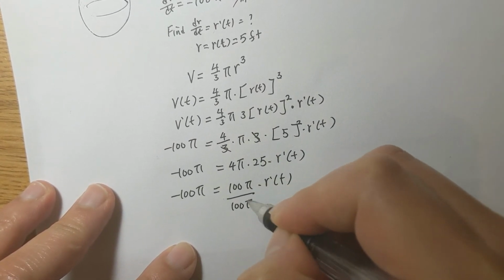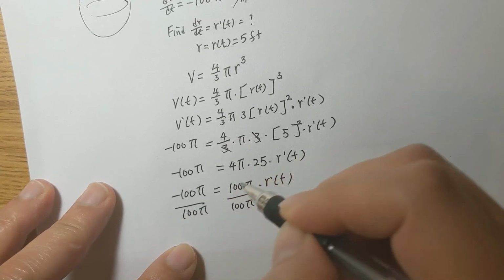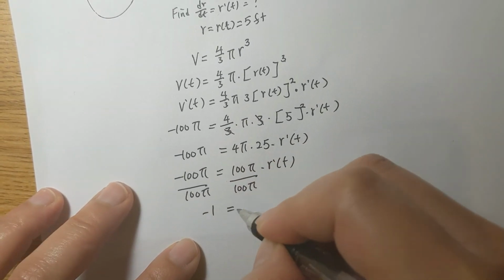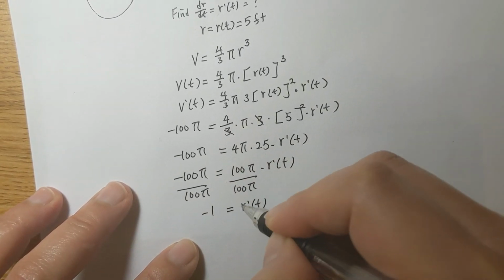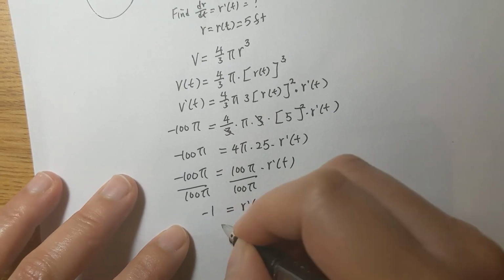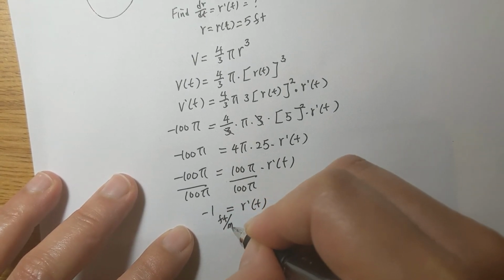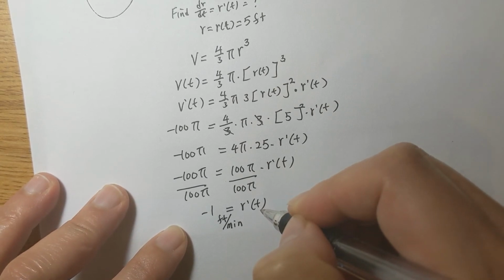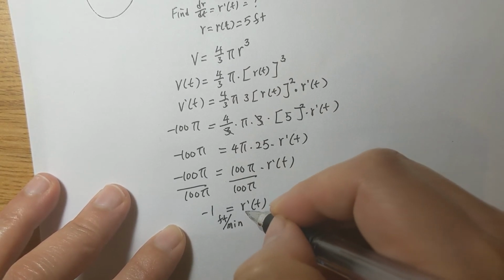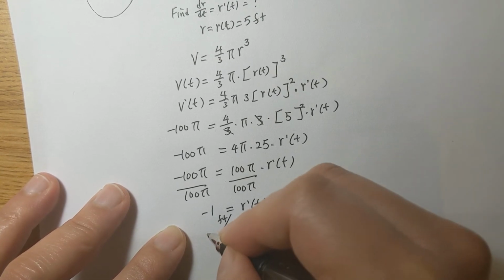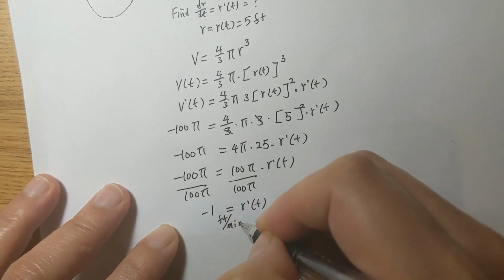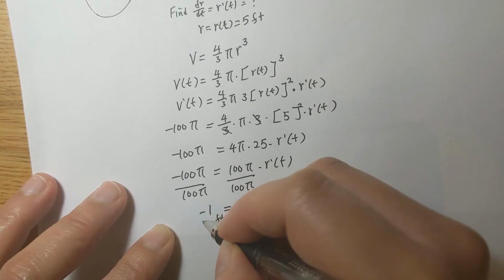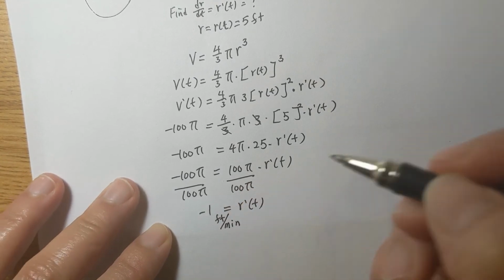So we divide, and then you get negative 1 equals r prime of t. The unit is 1-dimensional, so therefore it will be feet, and the time is minutes. So that means the radius is decreasing at 1 foot per minute. The decrease comes from the negative.